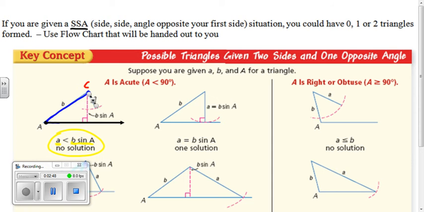It would look like this situation where even though it can go any direction it wants, it still will never get to the bottom and complete a whole triangle. So there are no triangles formed in that situation.